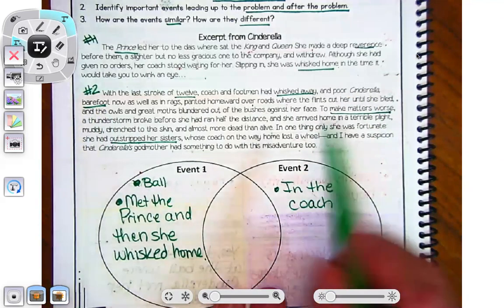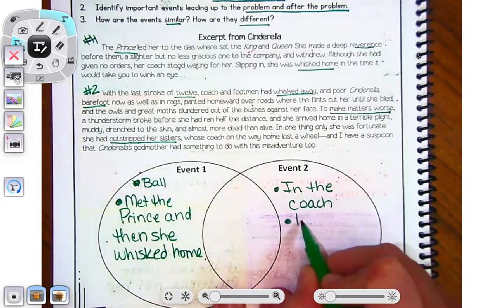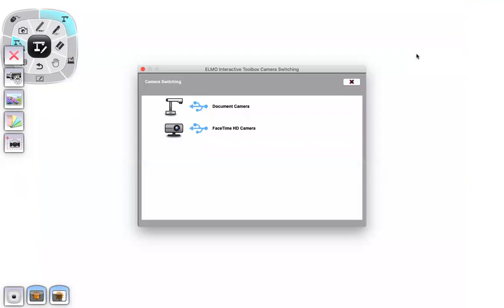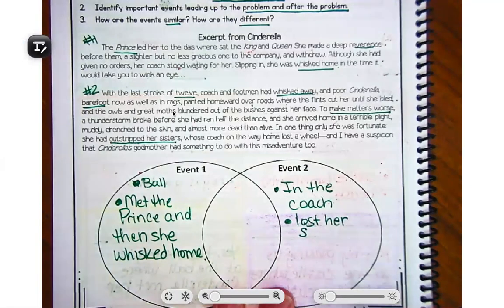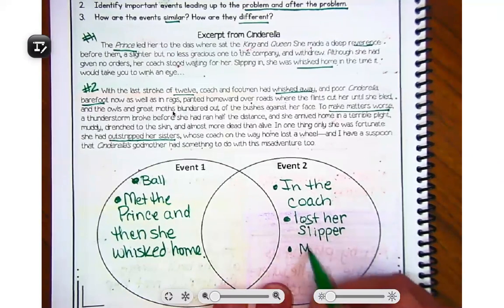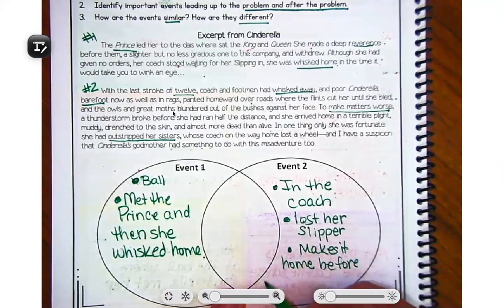So in these events, maybe she's lost her slipper. She makes it home, or back to the castle before her sisters.